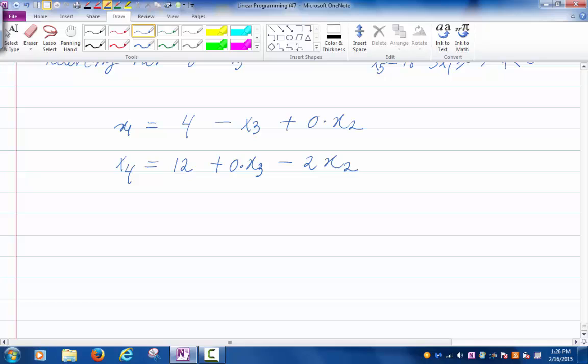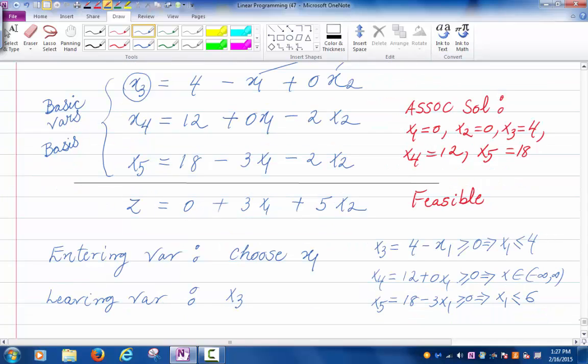So once I solve for x1 in terms of the leaving variable x3, this is what I get. And then I'm going to put that in place of x1 right here. But the coefficient of x1 is 0, so that's why you're not really getting anything for that equation. But I'm writing 0x3 to show that x3 is taking the place of x1.